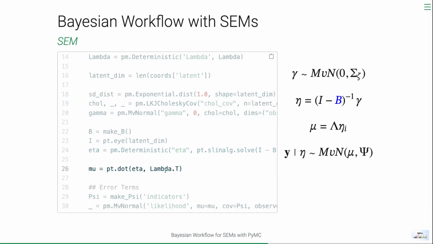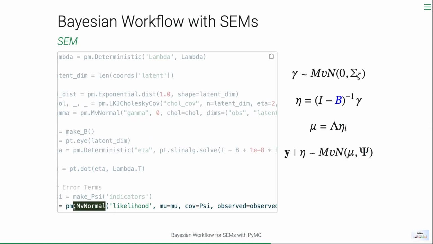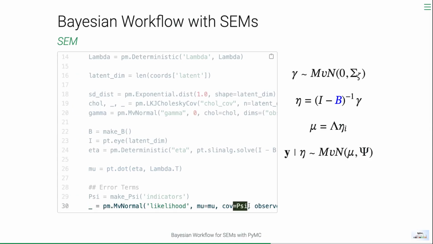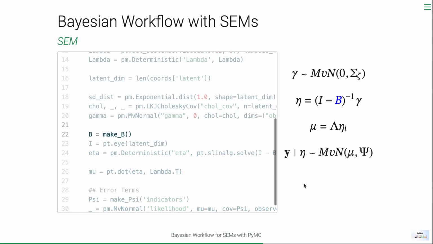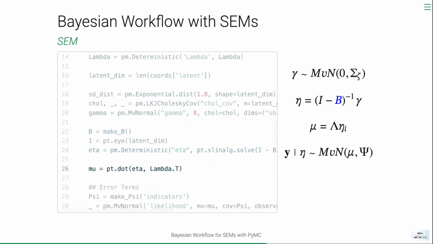We again feed that into our likelihood term, but here we're using a multivariate normal likelihood with a specific covariance structure, which has taken in the residual covariances in the model specification that you saw here. So we have a covariance structure where we've explicitly allowed positive or negative correlation between those two variables.